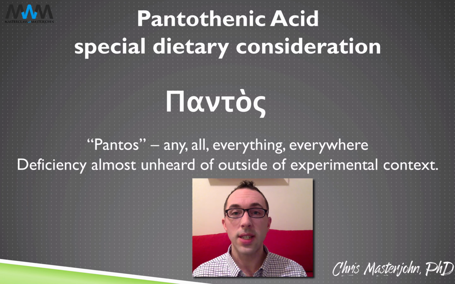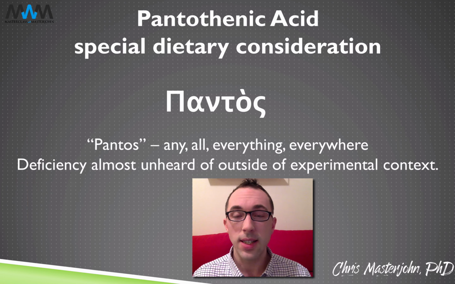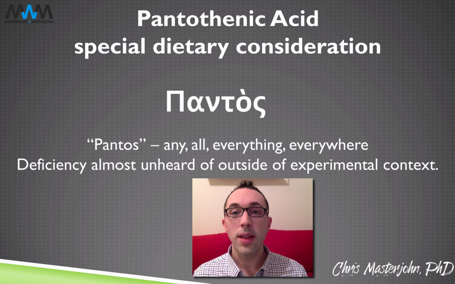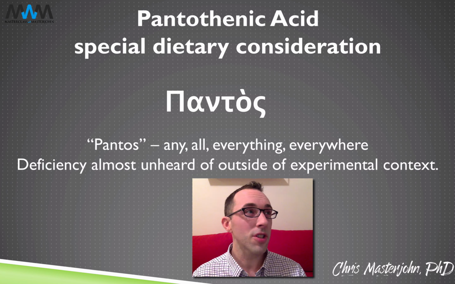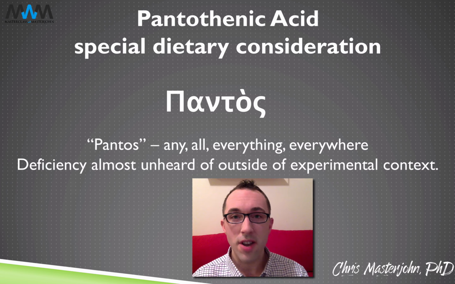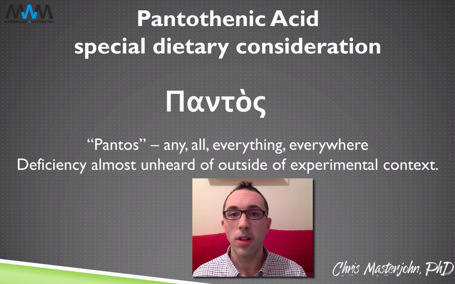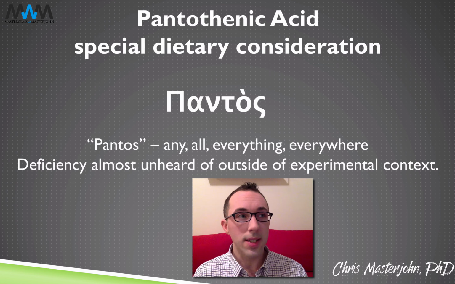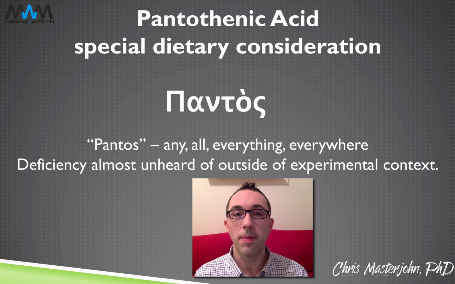One of the nutrients that I didn't really focus on in this lesson is pantothenic acid. Pantothenic acid is a component of coenzyme A. Coenzyme A is universally found all over energy metabolism as a carrier of fatty acids, of 2-carbon units, and of many other molecules that allow us to break things down and derive energy from them.